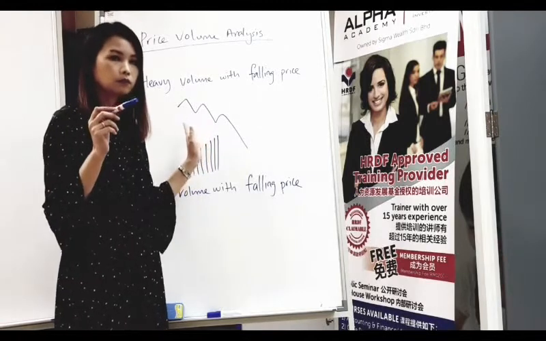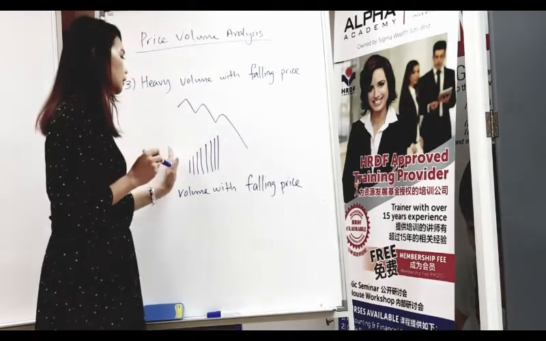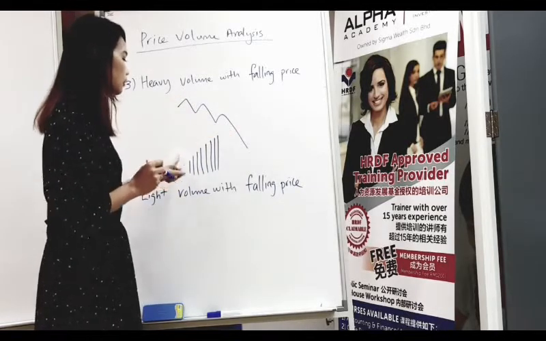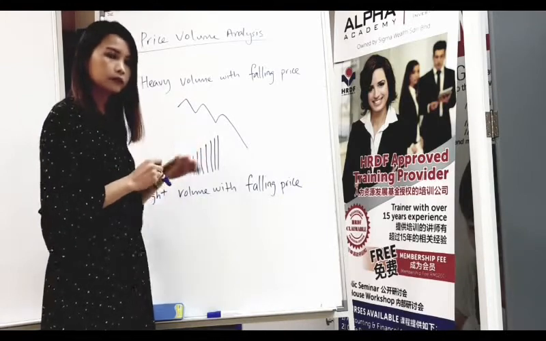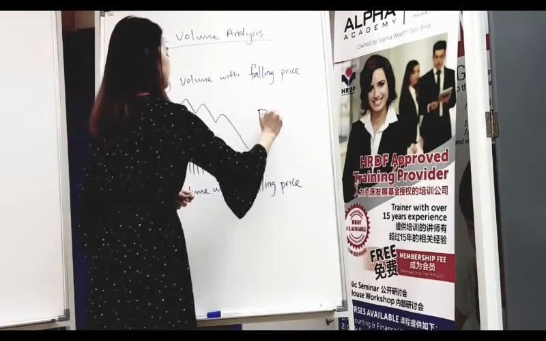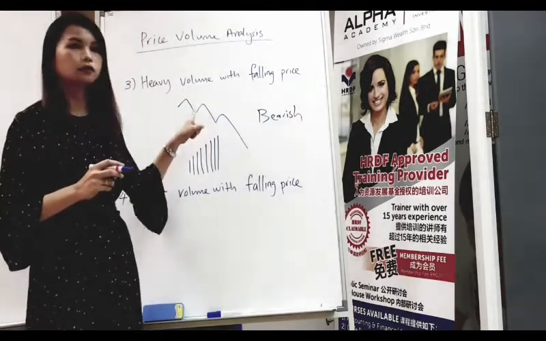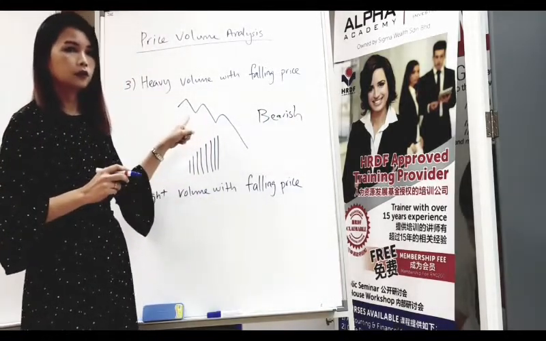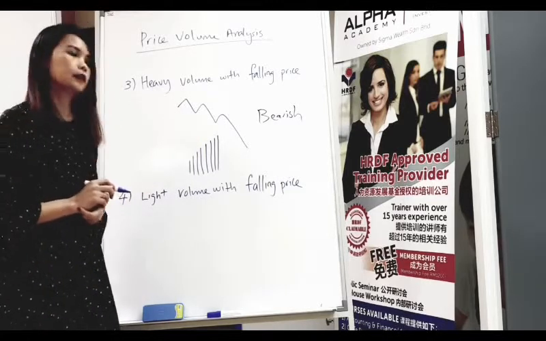Does that mean more people selling or less people selling? When the price is falling but the volume is increasing, it is bad, which is bearish. It means more and more people are selling this stock or index, so it is a bearish trend.